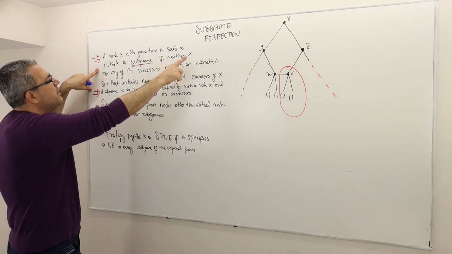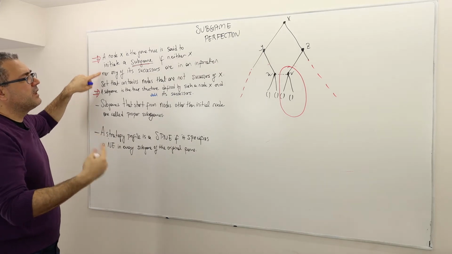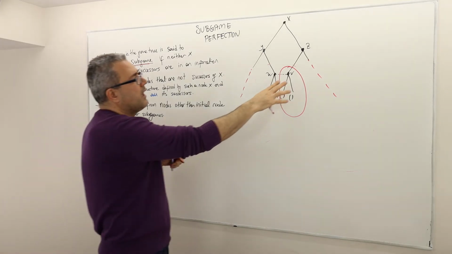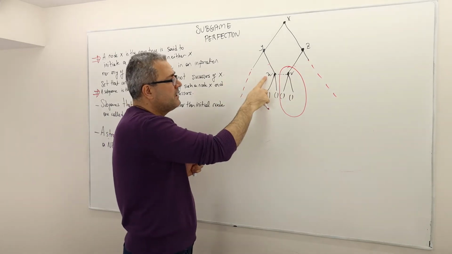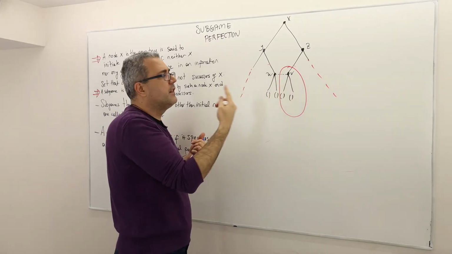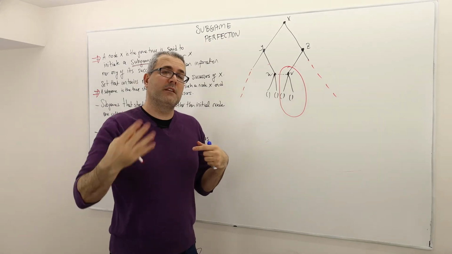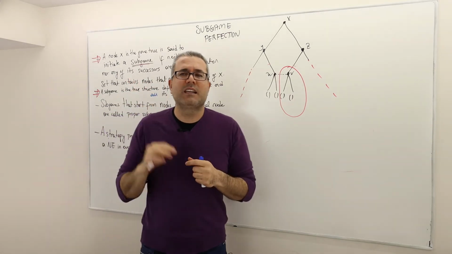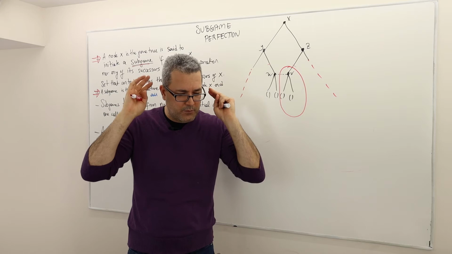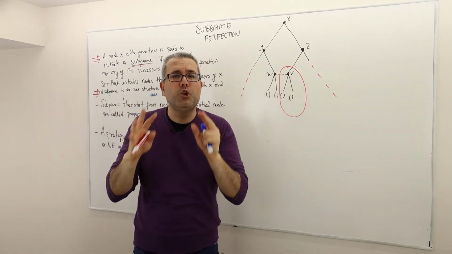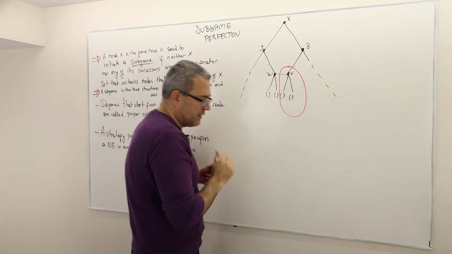Remember, it says neither X nor any of its successors are in an information set that contains nodes that are not successors of X. Here, V is in an information set with W, which is not a successor of V, and therefore this cannot form a subgame. Put differently, a subgame cannot cut any information set. So be careful: a subgame shouldn't break or cut any information set or any branch. Therefore this is not a subgame.